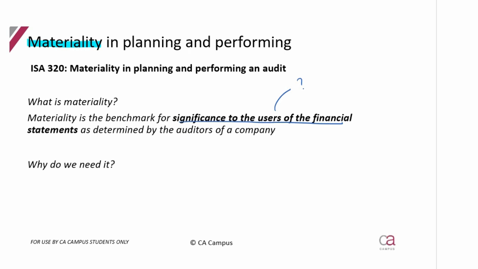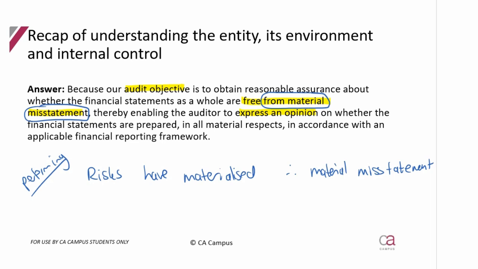But why is materiality then even relevant? Why do we as auditors need to determine what would be significant to the users? What is the purpose of materiality? Guys, if we go back to the objective, the beginning of the lecture, the objective was to find out if the financials are free from material misstatements. Material meaning important to the users.